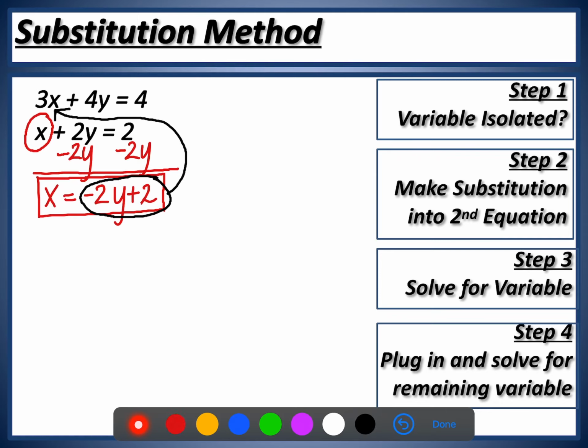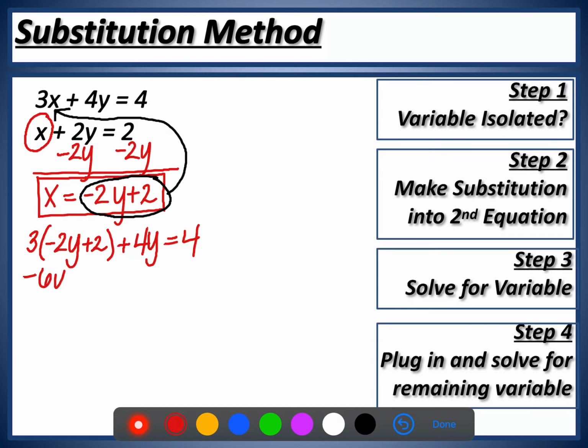So we're going to totally replace the x with what we just solved for. So how will that look? You see we totally replaced the x with the value from the other equation.